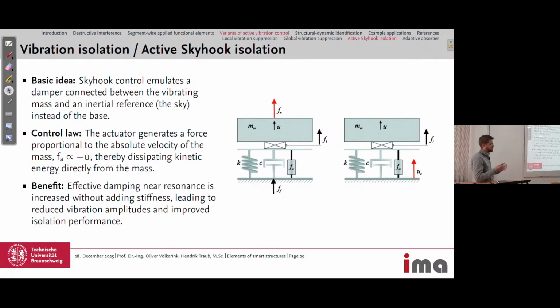Just as a brief introduction to this active skyhook isolation. So we have an effective damping near the resonance because we then still could emulate a relative movement between the structures.